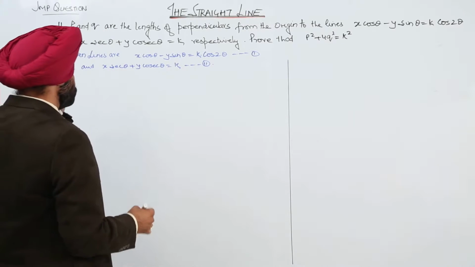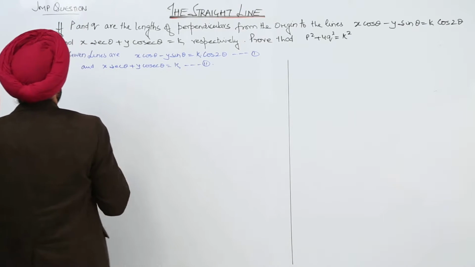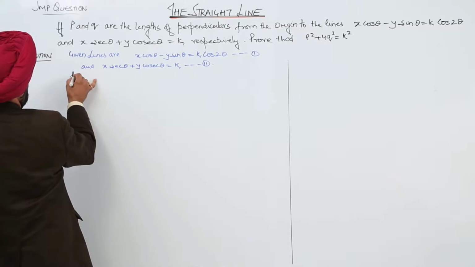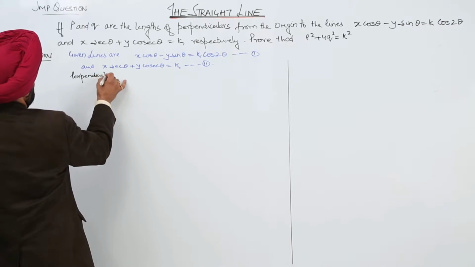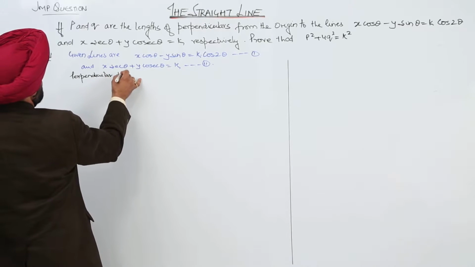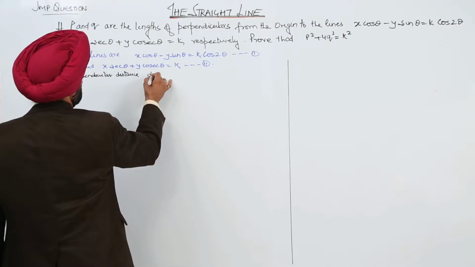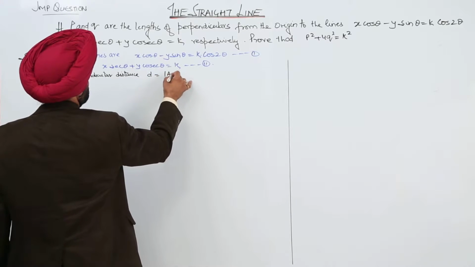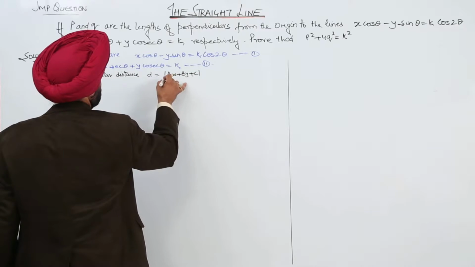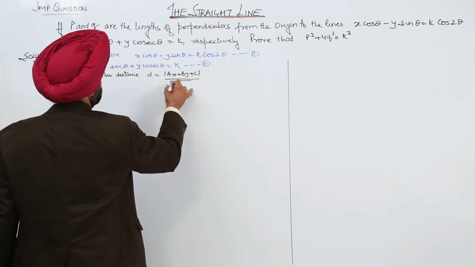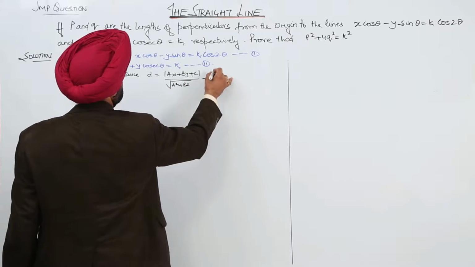Now we know the perpendicular distance d is equal to ax plus by plus c upon square root of a square plus b square.